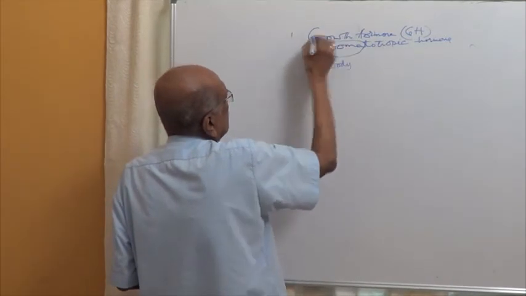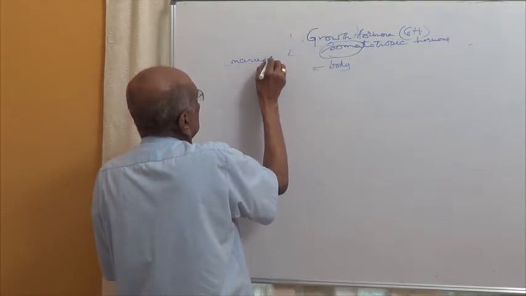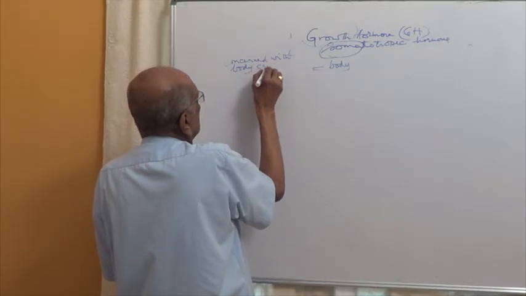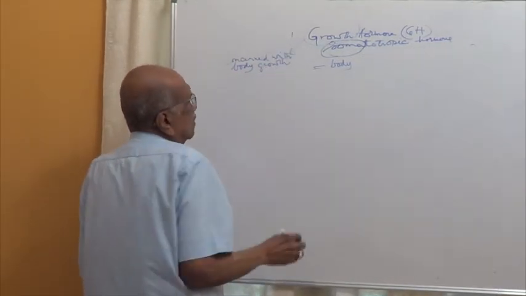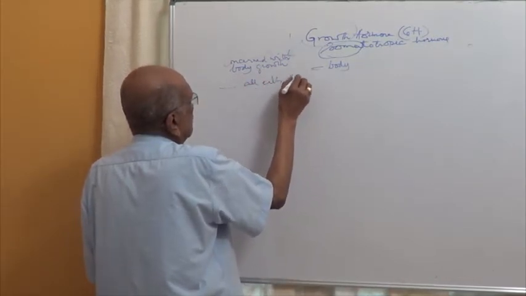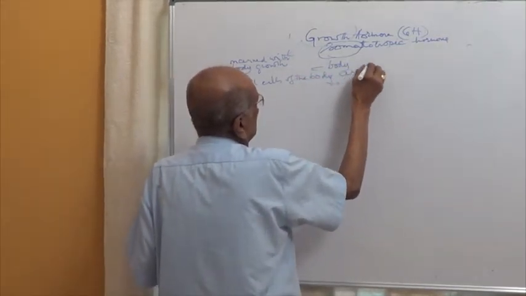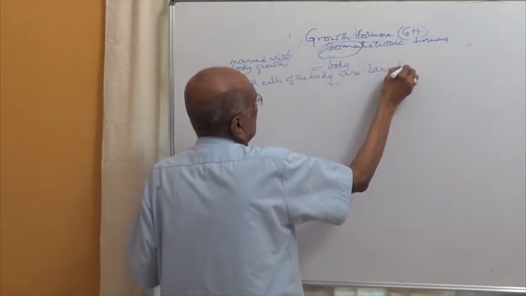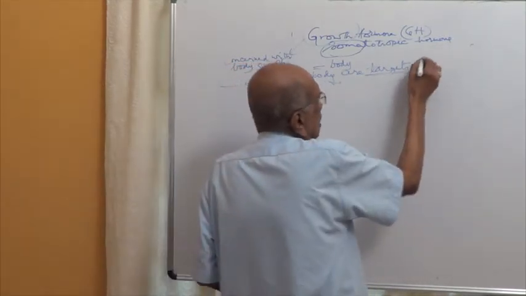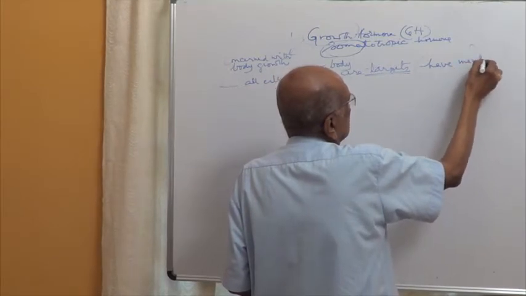Growth hormone is concerned with body growth. So its target cells are all cells of the body. Targets, which means have receptors, have membrane receptors.